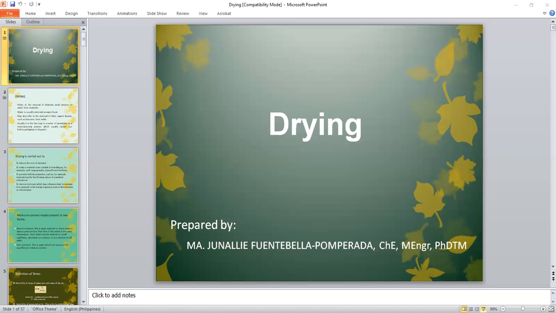Now, drying is carried out too. These are the primary uses of drying: to reduce the cost of transport. If there is excess moisture, there is added weight, and added weight means added cost in transport. Also, to make a material more suitable for handling, as for example with soap powders, dyestuffs and even fertilizers.